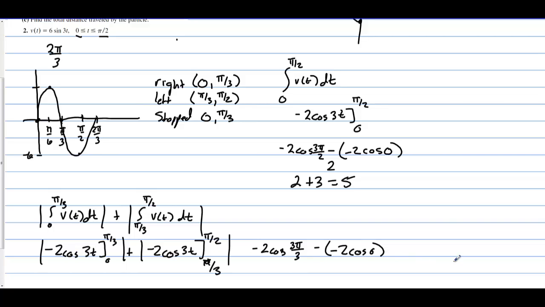That's the first one. And then we will add that to, of course, we've got to take the absolute value of all that, plus the absolute value of negative 2 cosine of 3 pi over 2 minus negative 2 cosine of, this time, 3 times pi over 3 is just pi.